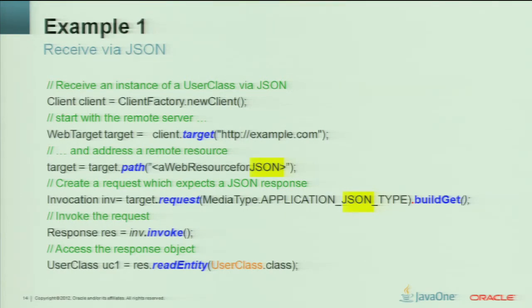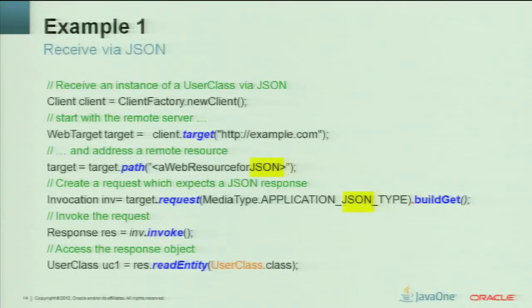So the blue marked methods are JAX-RS methods. So first of all, we create a target. Then on the target, we address a path. And this is a web resource for JSON, so it could be just a path segment for a resource where we know that it is capable of returning a JSON response.